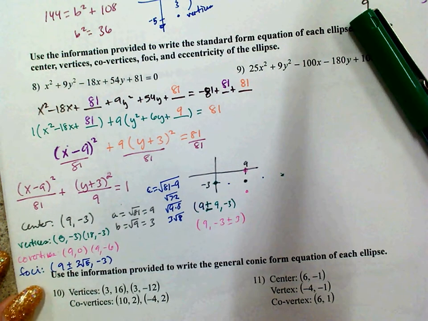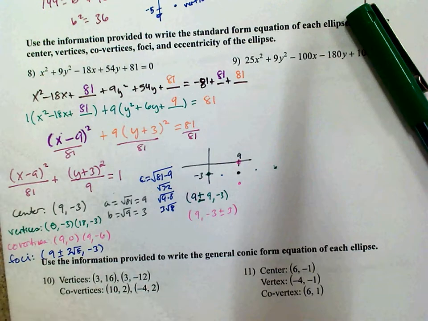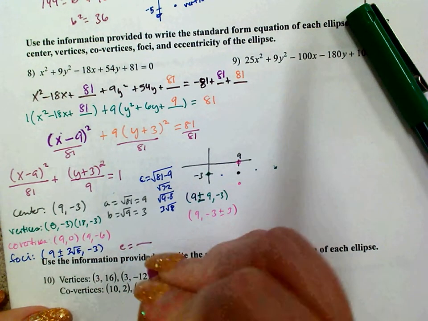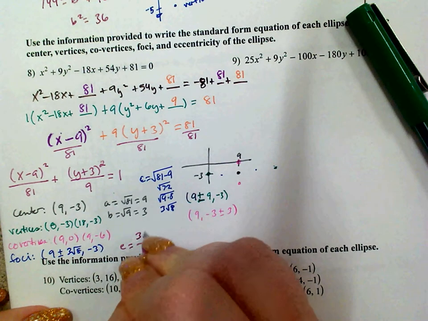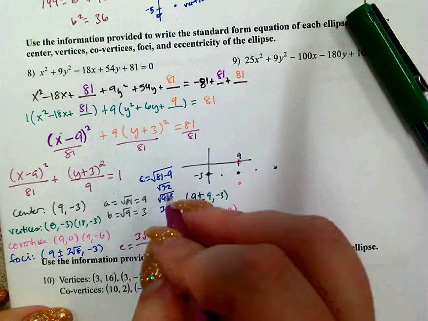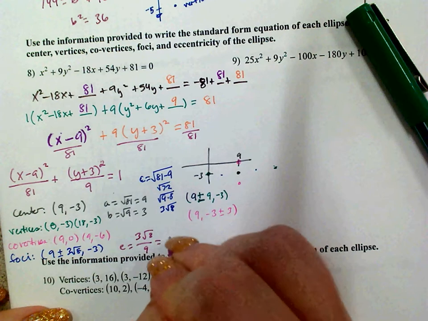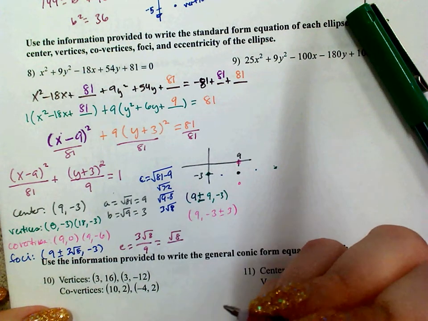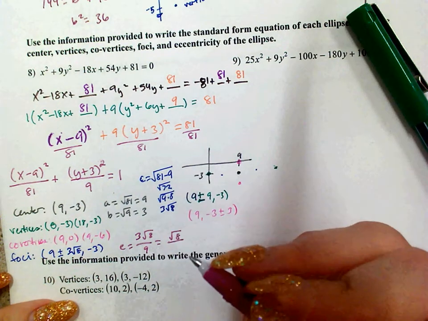And then the eccentricity. So eccentricity, E equals C over A. So 3 square roots of 8 over A, which is 9. That does simplify to square root of 8 over... what did I say, square root of 8? That is just ridiculous. 8 is 4 times 2.